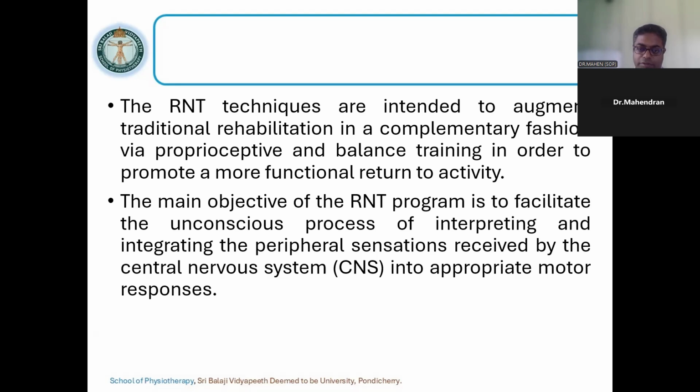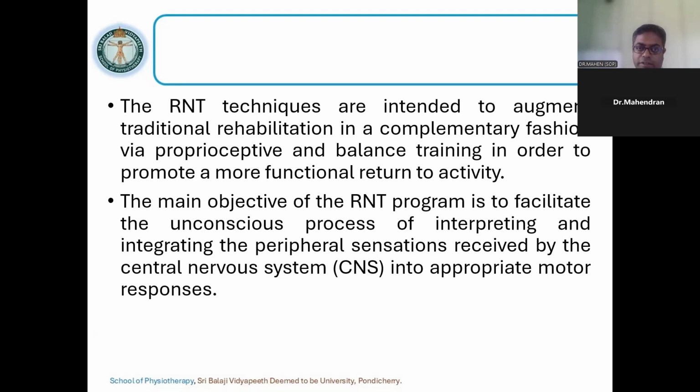The main objective of the RNT program is to facilitate the unconscious process of interpreting and integrating the peripheral sensation received by the CNS. Normally, any activity you do on a day-to-day basis would be stored in your brain in the unconscious area.